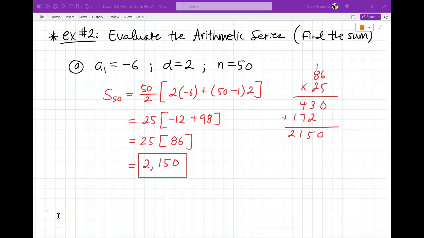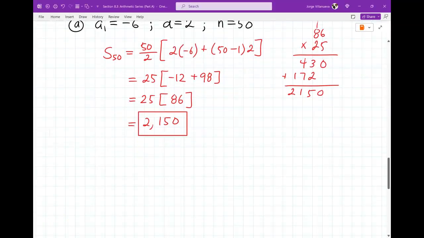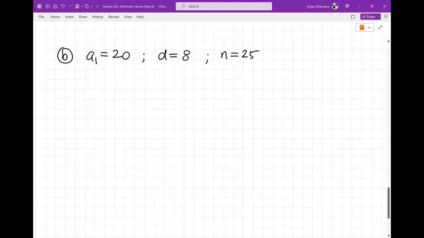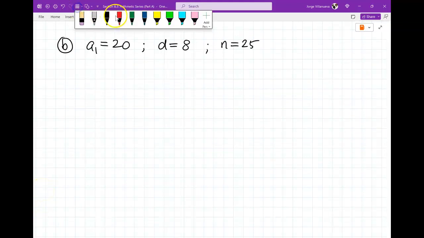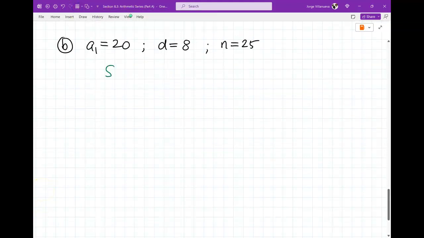All right, so let's take a look at part B here. I'll rewrite the formula for us. S sub n is equal to n over 2 times (2 times A sub 1 plus (n minus 1) times D).